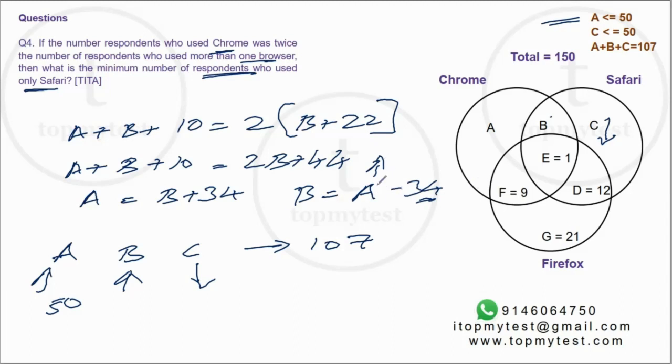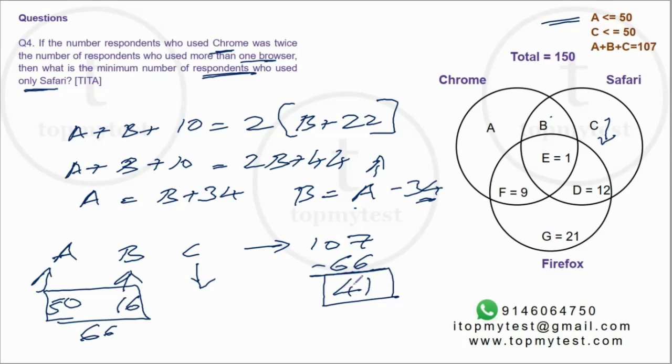So the value of A increases, value of B automatically increases. So when A is 50, B should be 50 minus 34, 16. Right? So the combined total is 66. So C will be 107 minus 66, 41. That is the minimum possible value of C given this constraint.